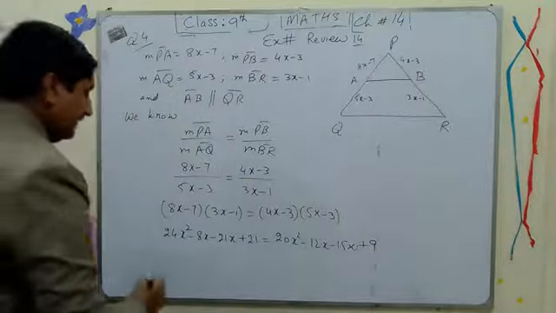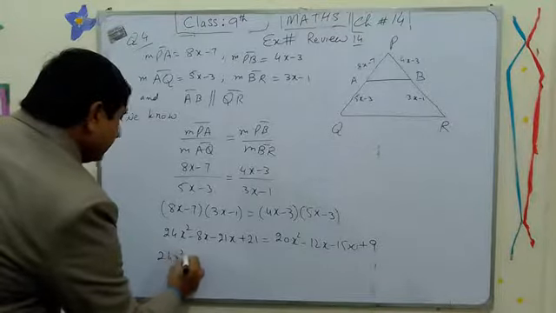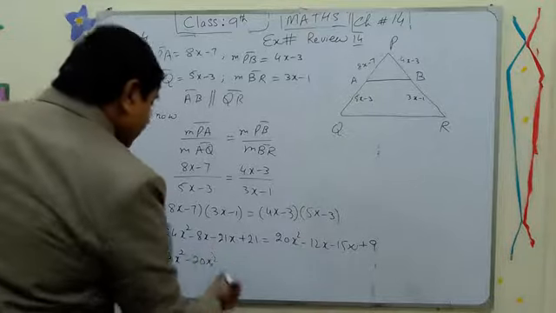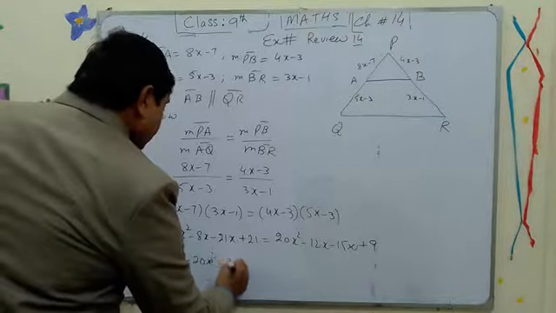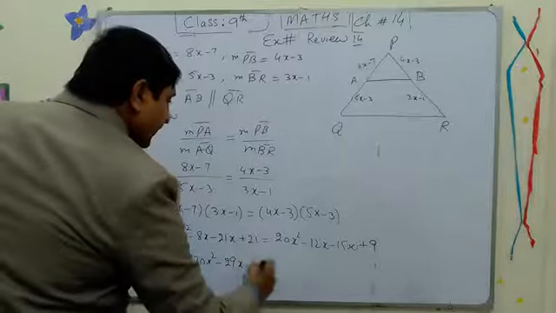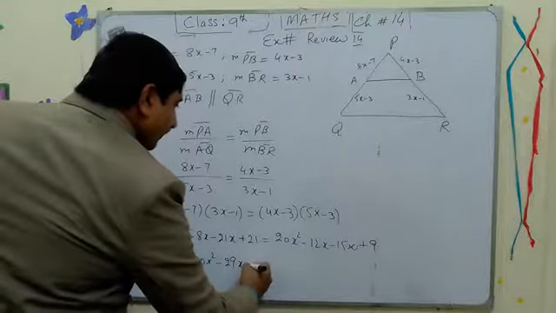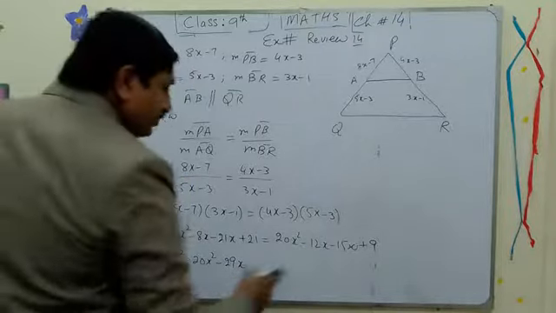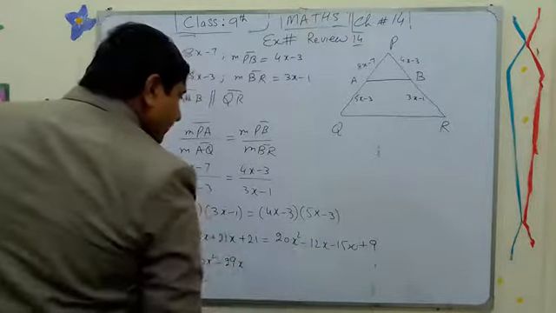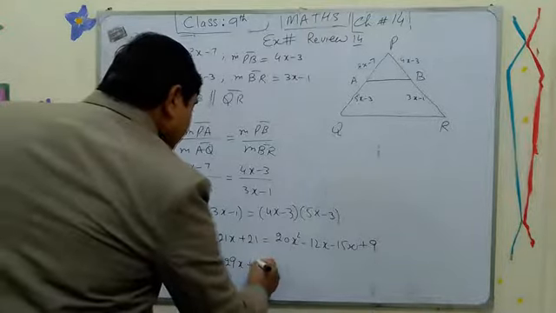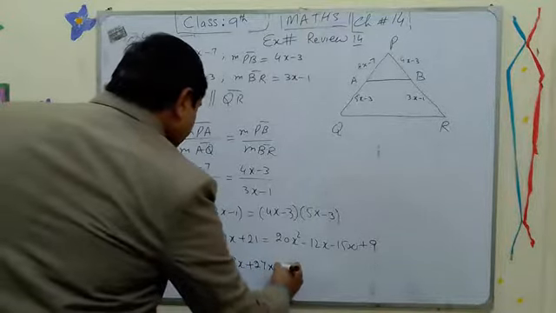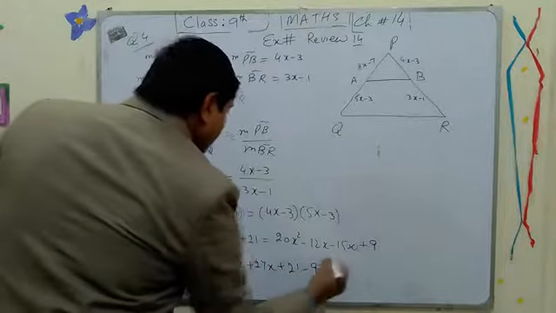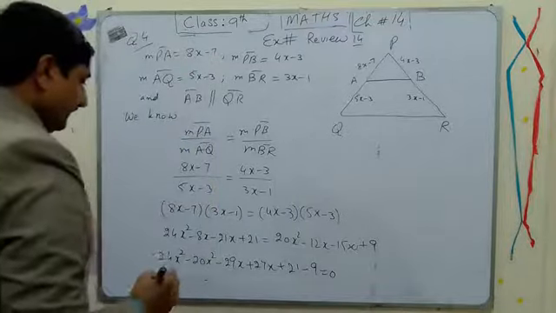Changing the sides: 24x square minus 20x square, minus 8 and minus 21 will give you minus 29x, and minus 12 and minus 15 will give you minus 27. Whenever we take this value toward the left hand side, we obtain plus 27x, and the next one is plus 21 minus 9, this will equal 0.